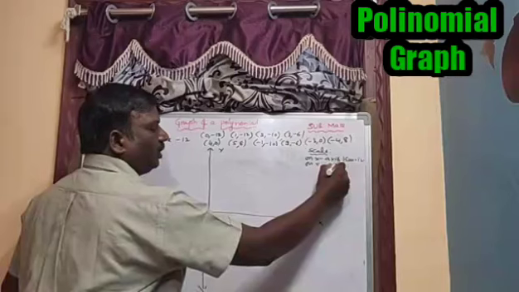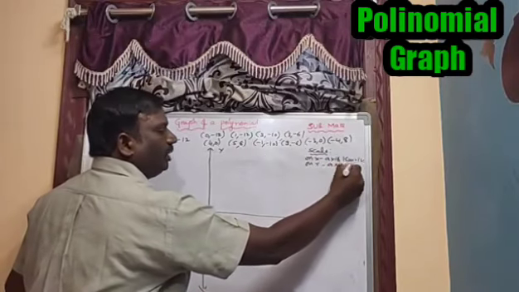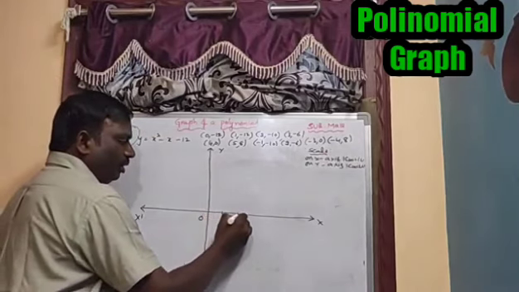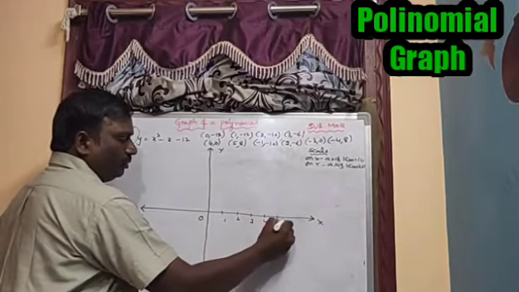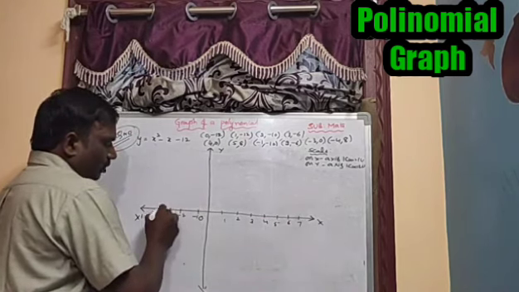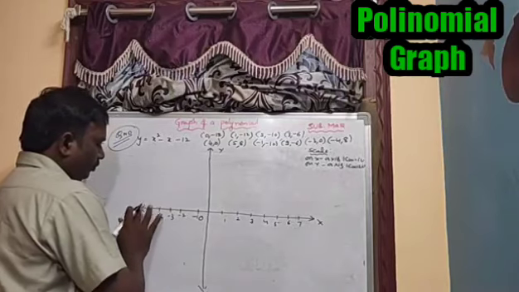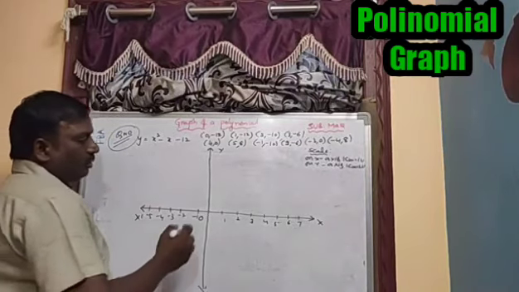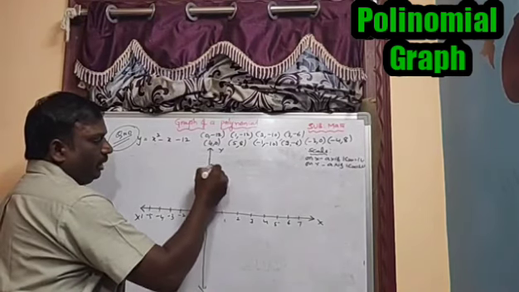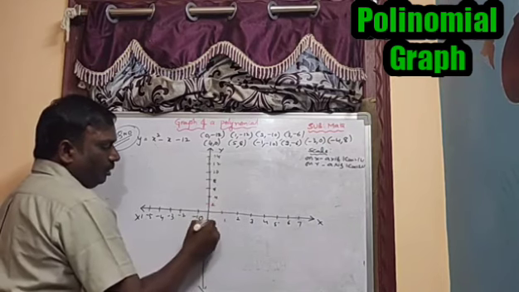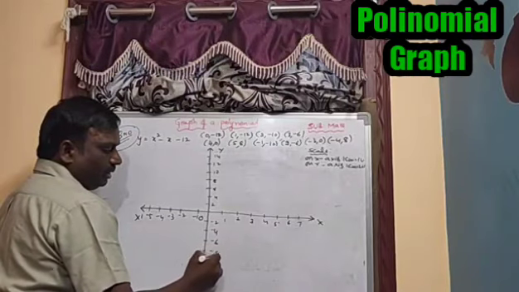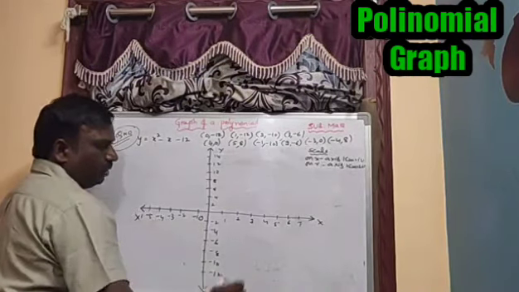On the y-axis, according to the y values, I am taking 1 centimeter equal to 2 units. So 1 centimeter equal to 1 unit means 1, 2, 3, 4, 5, 6, 7, enough. Minus 1, minus 2, minus 3, minus 4, minus 5, enough. Now on the y axis I'm taking 2, 4, 6, 8, 10, 12, 14, and minus 2, minus 4, minus 6, minus 8, minus 10, minus 12.